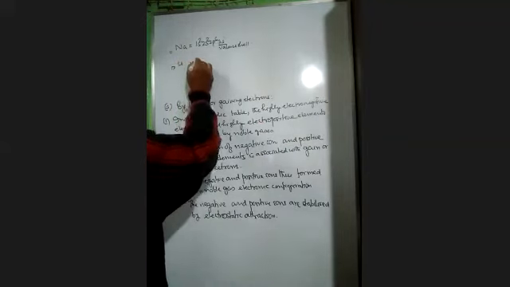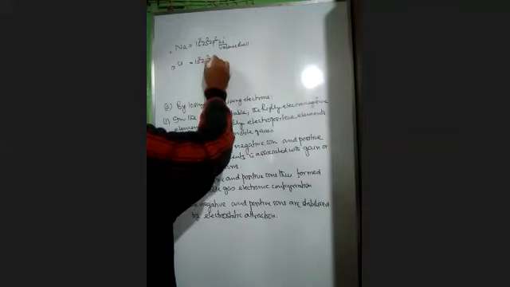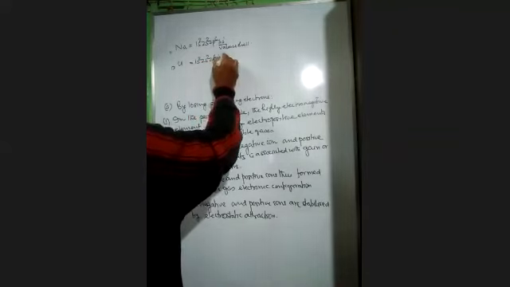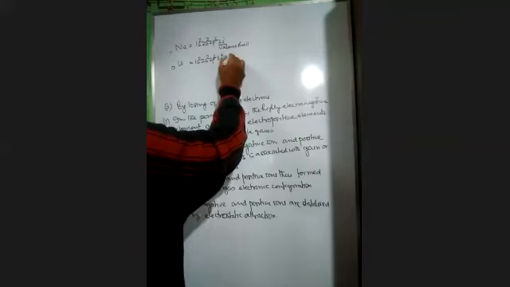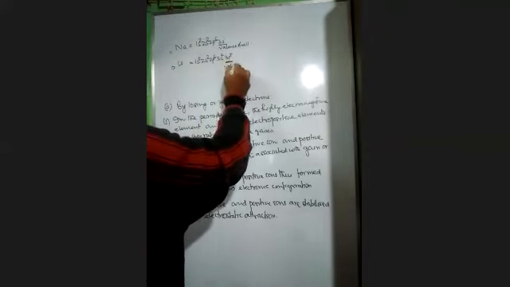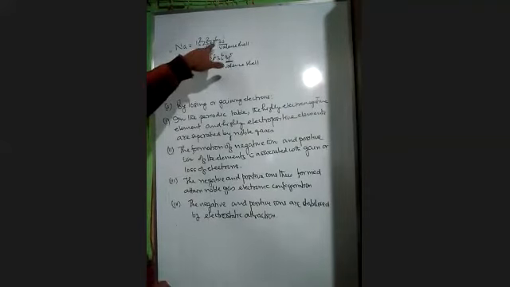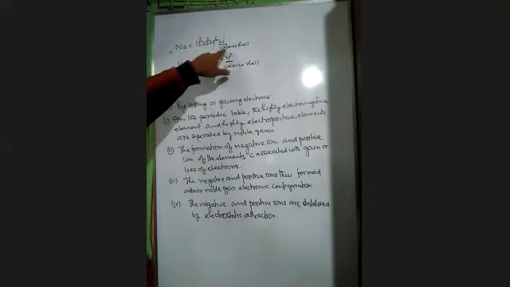Now we know 1s2, 2s2, 2p6, 3s2, 3p5. This is the valence shell. Now see here. In this case, one electron is extra to the octet configuration.